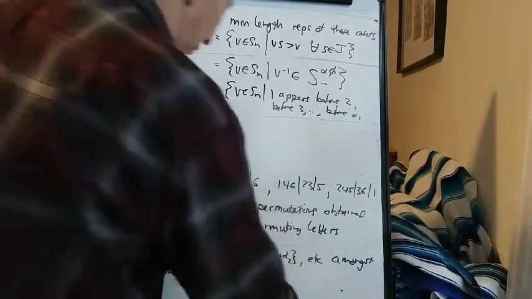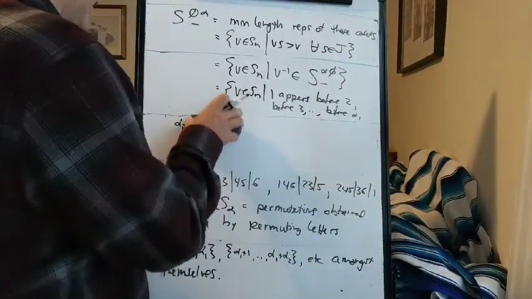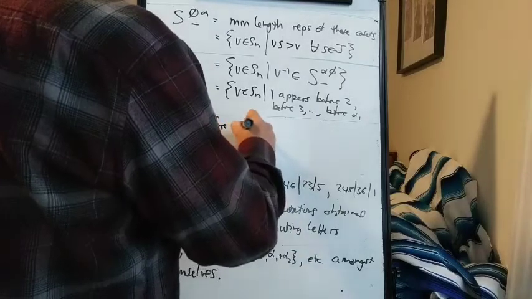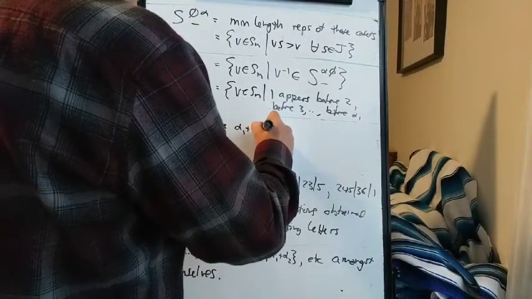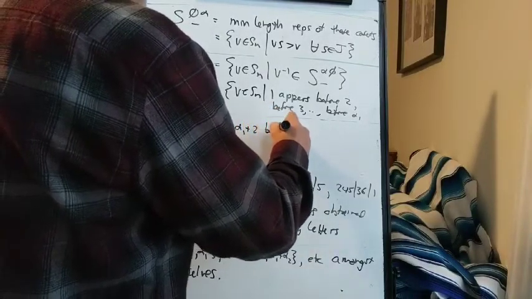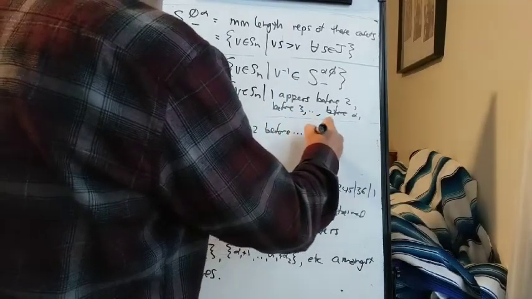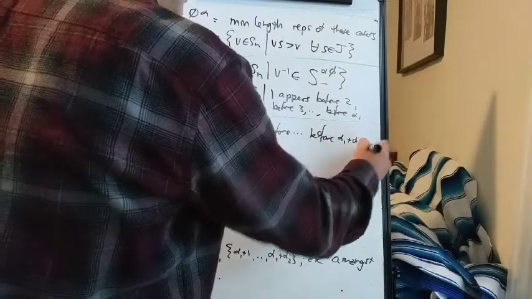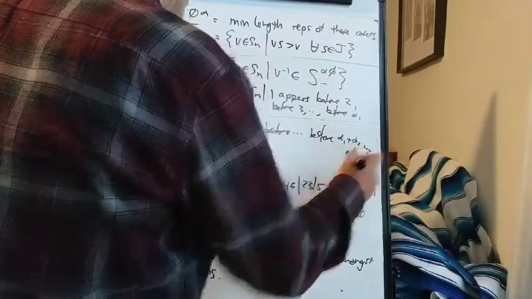So alpha 1 plus 1 before alpha 1 plus 2, before alpha 1 plus alpha 2, etc.